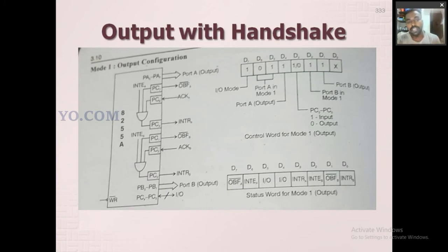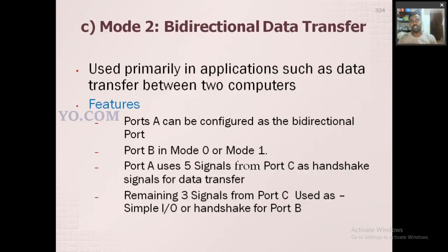Similarly, for output with handshaking signals, port A and port B act as outputs, so the handshaking signals change: output buffer full, acknowledge, interrupt request, for group A and group B control. So this is the output with handshake signals.